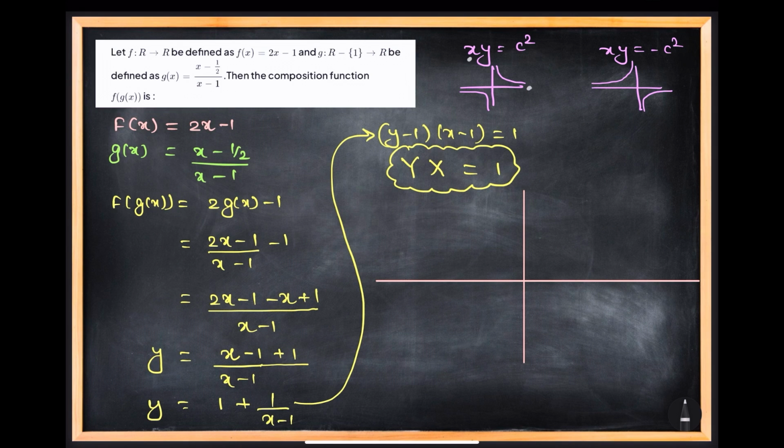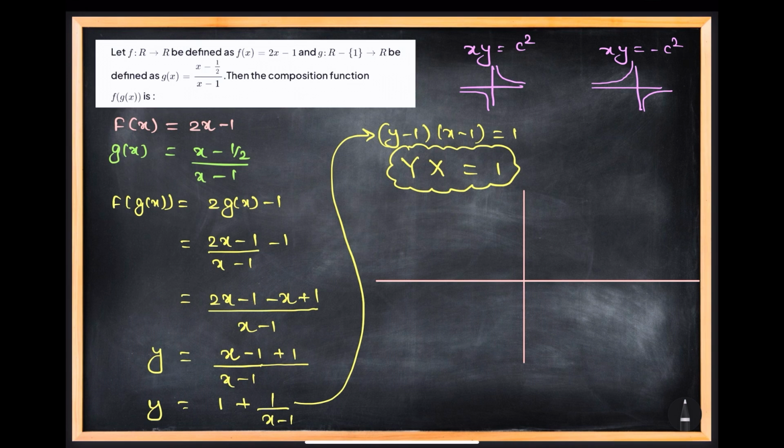This line is the x-axis, so can I say it is y equals 0? So y equals 0 is the first asymptote and x equals 0 is the second asymptote. So what is an asymptote? It's a straight line towards which the graph approaches indefinitely.